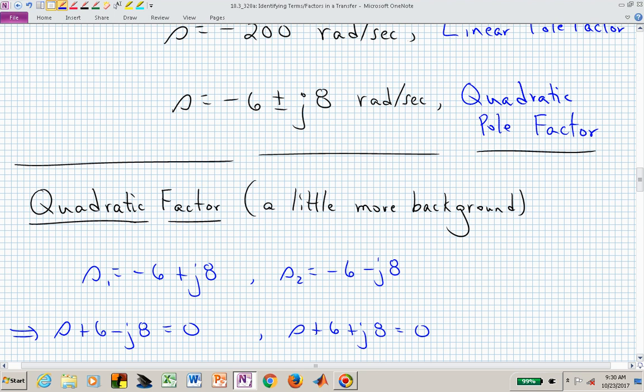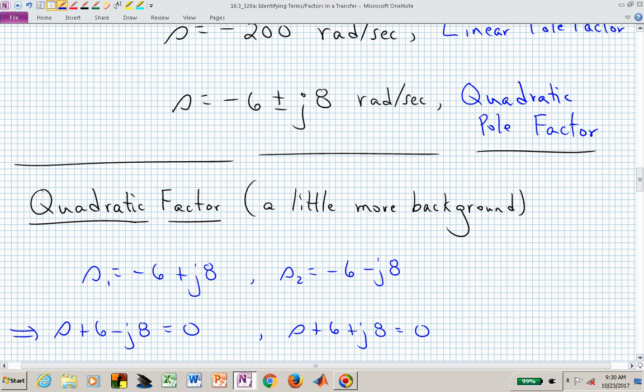We can pull all of the non-zero terms over to the left side of the equal sign, and we now have for the first root s plus 6 minus j8, and for the second root we have s plus 6 plus j8.